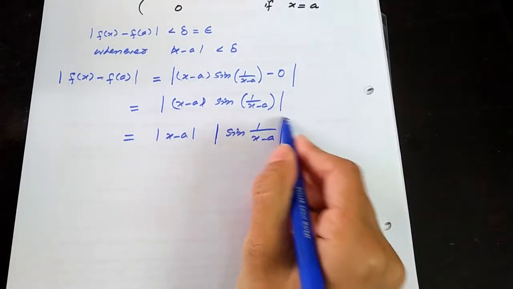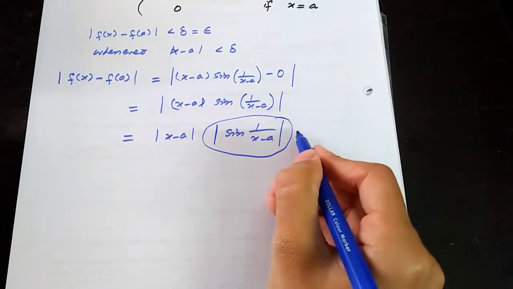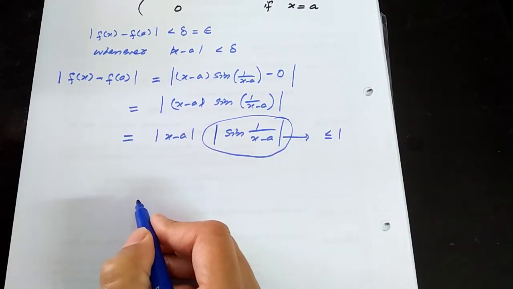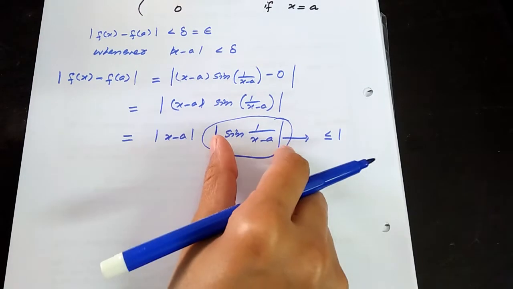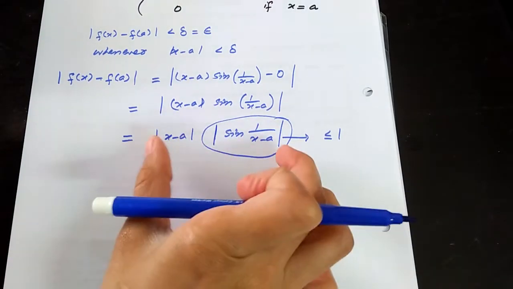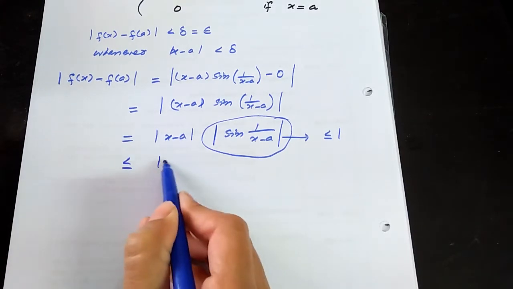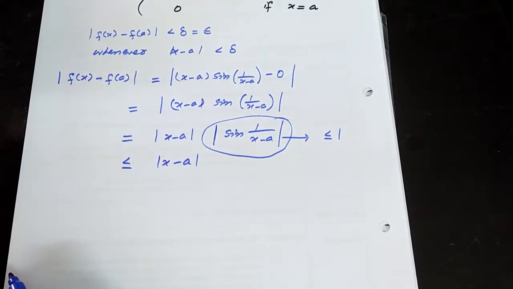Now we know that the sine function is always bounded and its absolute value is less than or equal to 1. So if we remove it, the whole function is less than or equal to mod of x minus a.